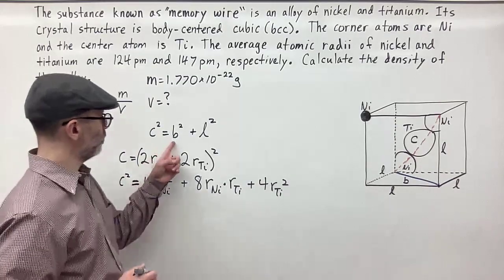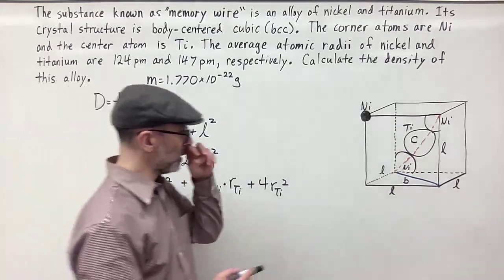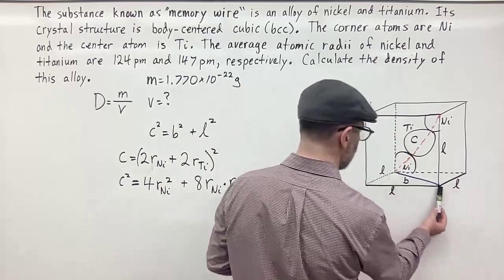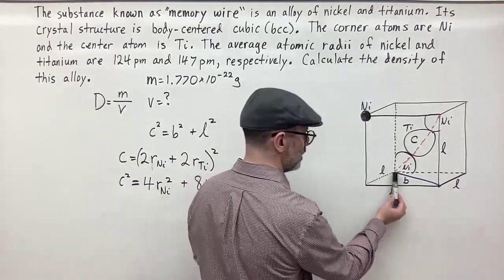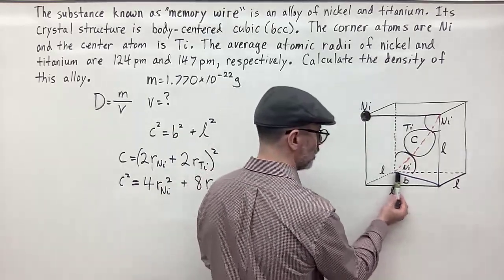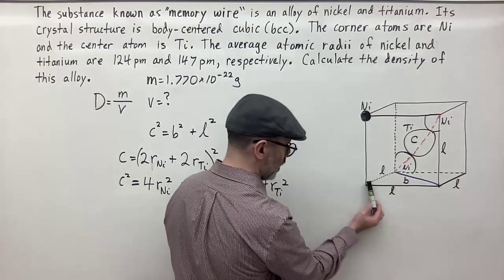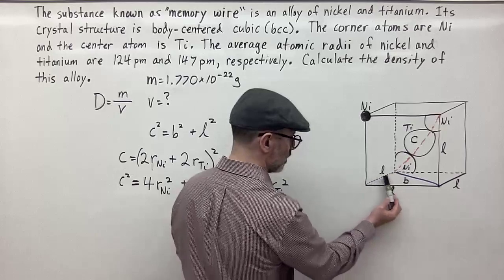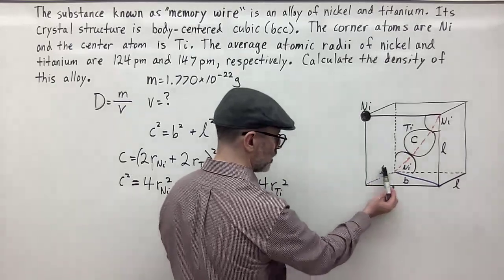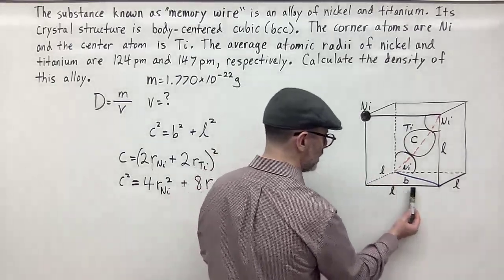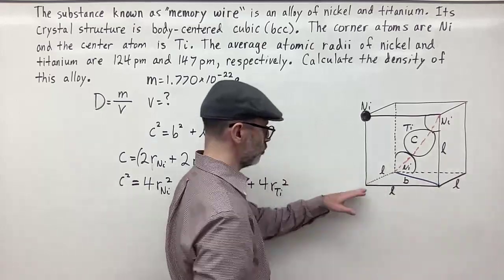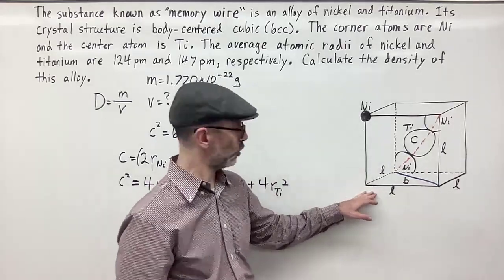Now for b squared, b is this here. But notice that this is the hypotenuse of this right triangle. So we have this side of the cube, which is L, and then we have this side of the cube, which is L. Those are the legs of the right triangle.